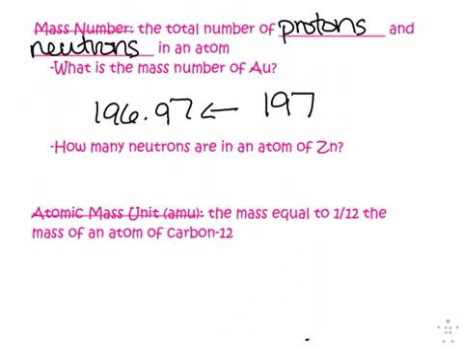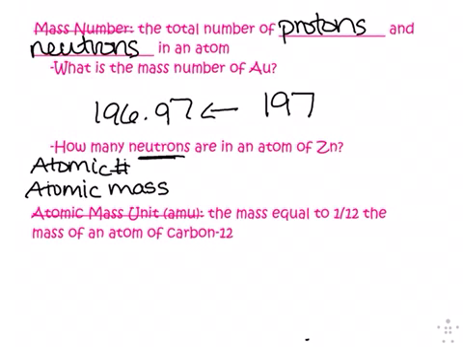So let's look at figuring out how many neutrons are in an atom of zinc. So zinc, in order to answer this, you need to know 2 things. The first is you need to know the atomic number and the atomic mass of zinc. So what is our atomic number for zinc? 30.